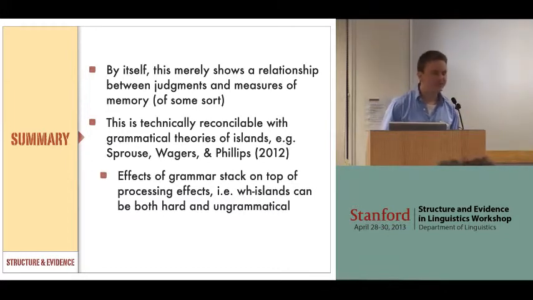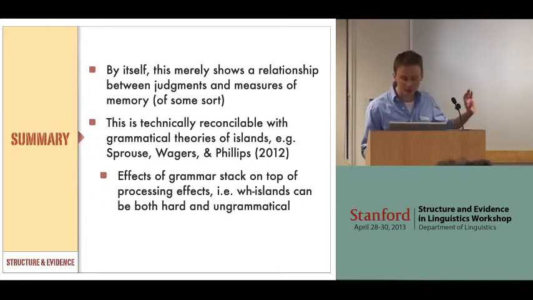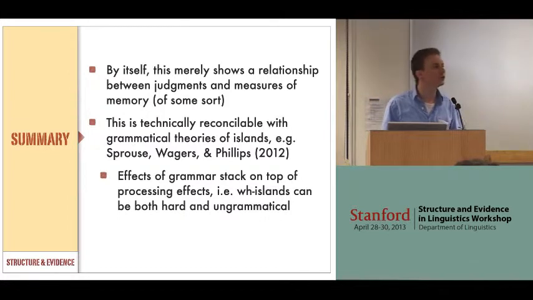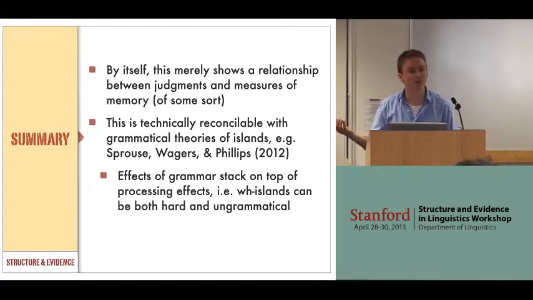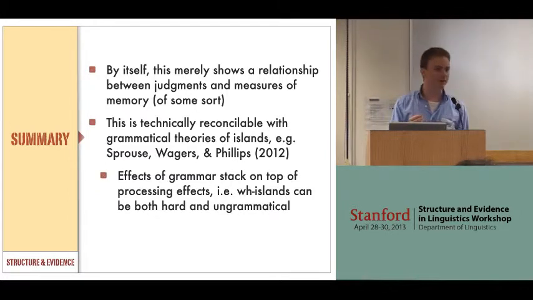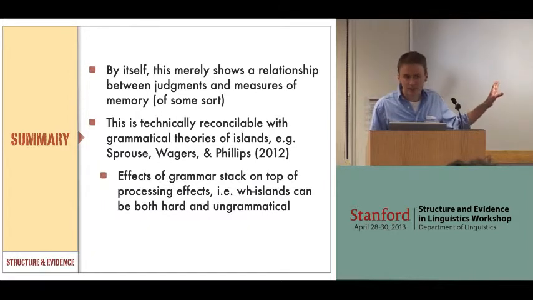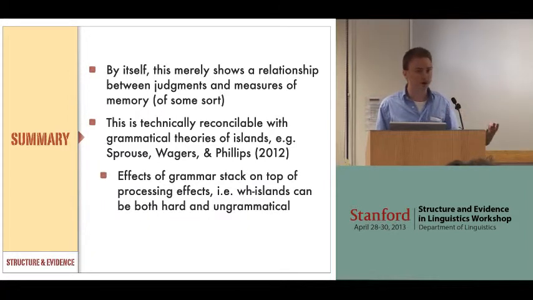But what's important is that what I've just shown you here, if this was all we had, then this is technically reconcilable with some position that islands should be understood in terms of grammatical constraints. Because the effects of grammar can simply stack on top of whatever processing difficulties there are. That means that a grammatical theory of islands can say, yeah, sure, they're hard sentences to process, but they're also ungrammatical. So by itself, that reading span chart that I showed you doesn't show that there's no possible effect of grammar.